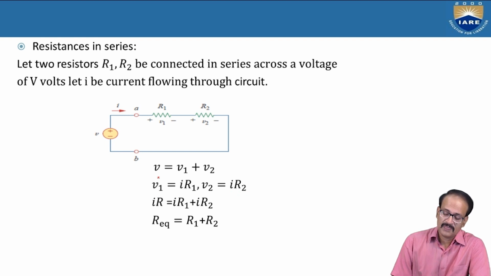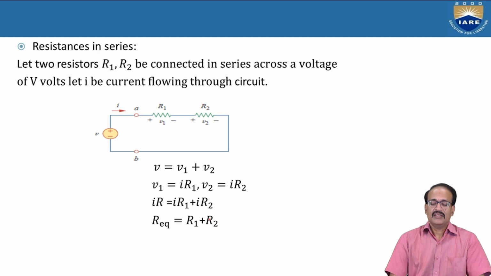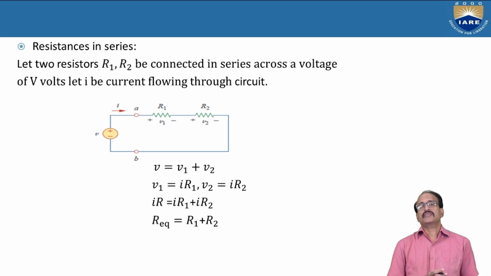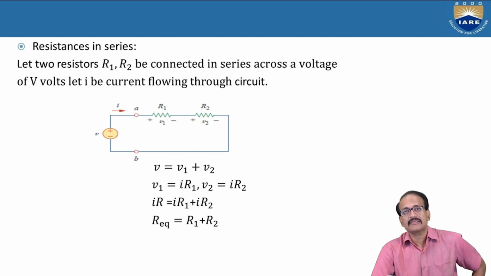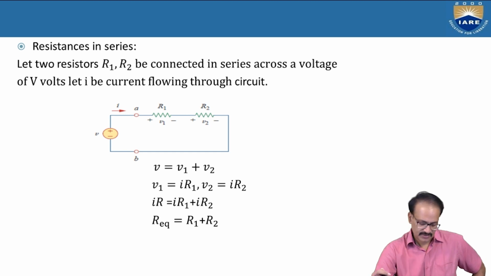So I R is equal to I R1 plus I R2. If you cancel these currents, we will get R equivalent is equal to R1 plus R2. That means if these resistances are connected in series, we can simply add them and we get the equivalent resistance.